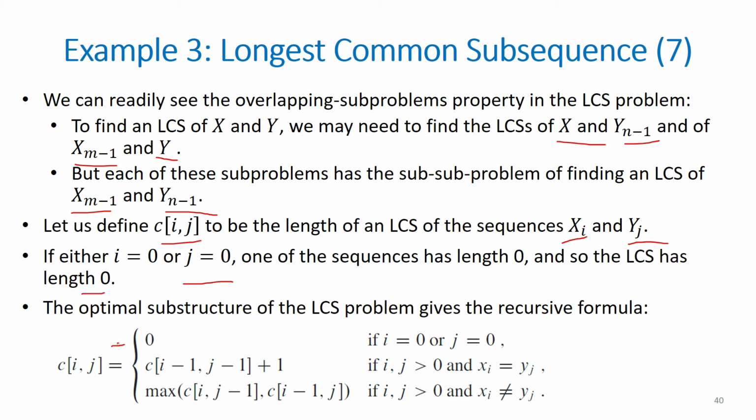This is the first case. If i and j are positive, and the element x_i is equal to the element y_j, then the LCS has a length of the LCS resulting from the prefixes x_{i-1} and y_{j-1} plus 1.